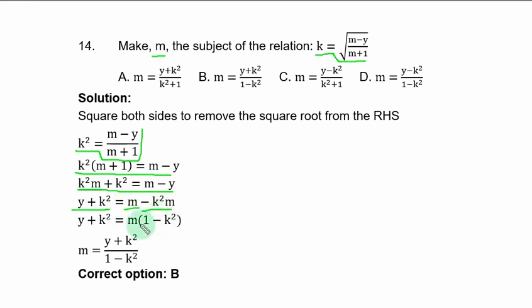You factor out m from the right hand side, you have this result. To get m, divide through by the coefficient of m, that is 1 minus k squared, and you have m equal to y plus k squared over 1 minus k squared. So B is the correct option.